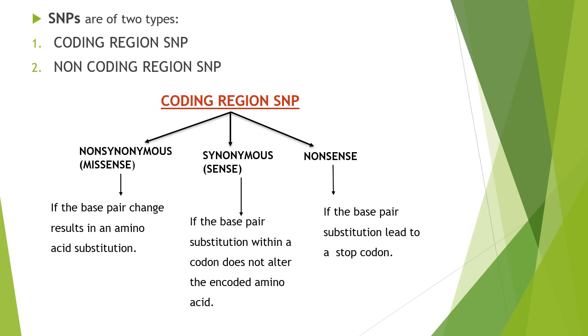If the base pair change results in an amino acid substitution, it is called non-synonymous or missense. If the base pair substitution within a codon does not alter the encoded amino acid, it is called synonymous or sense. In nonsense, the base pair substitution leads to a stop codon.